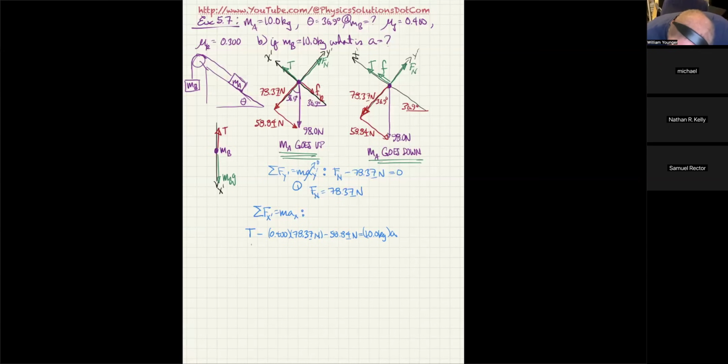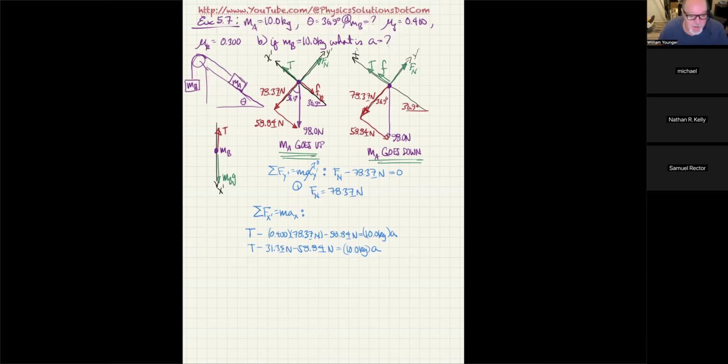So this is going to be T minus 31.35 newtons minus 58.84 newtons is equal to 10.0 kilograms times a. That's our friction force.